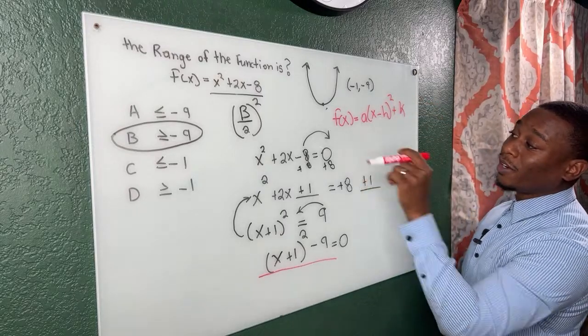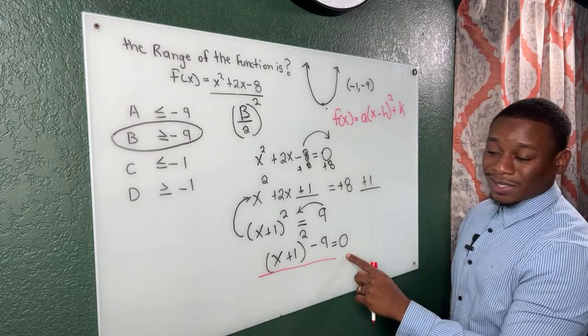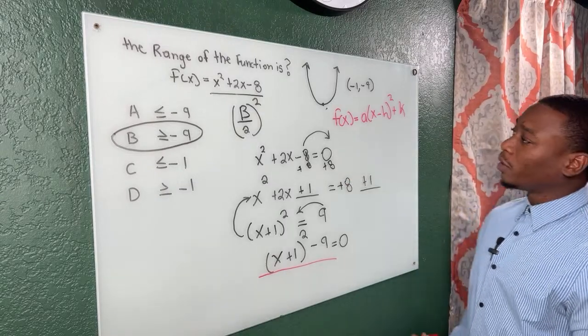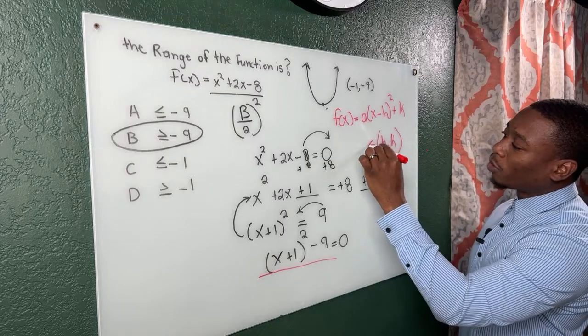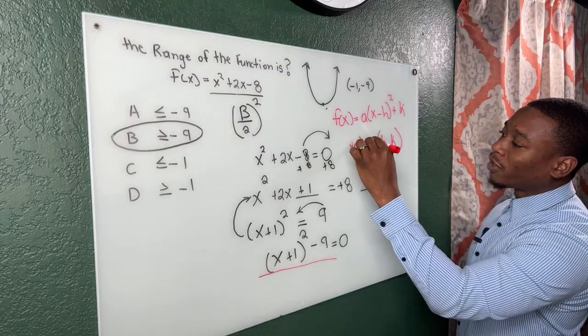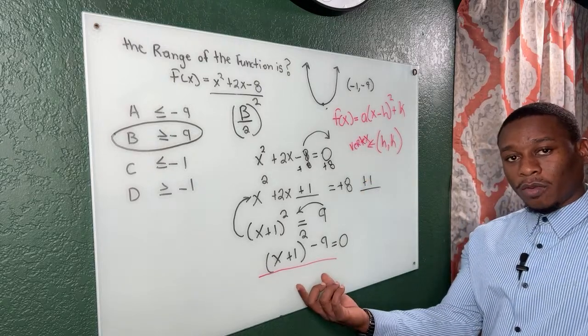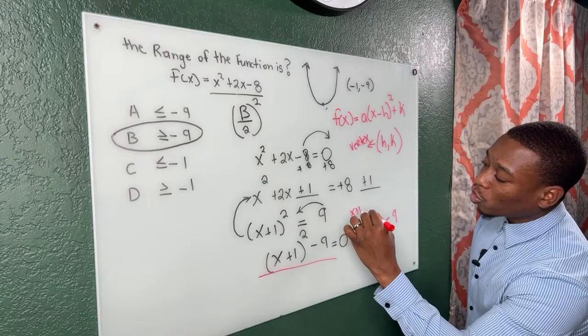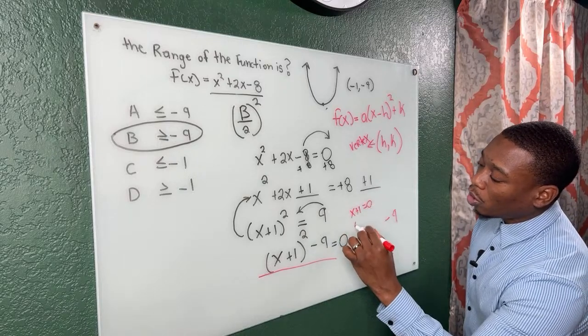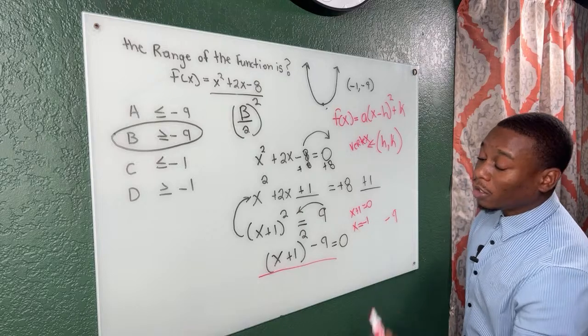Only thing is that f of x, or y, equals 0 is at the end. So what does that mean? The h, k from vertex form is going to give me my vertex. So when we look here, we have the negative 9, and after we take x plus 1 and set it equal to 0, we're going to get x is equal to negative 1.